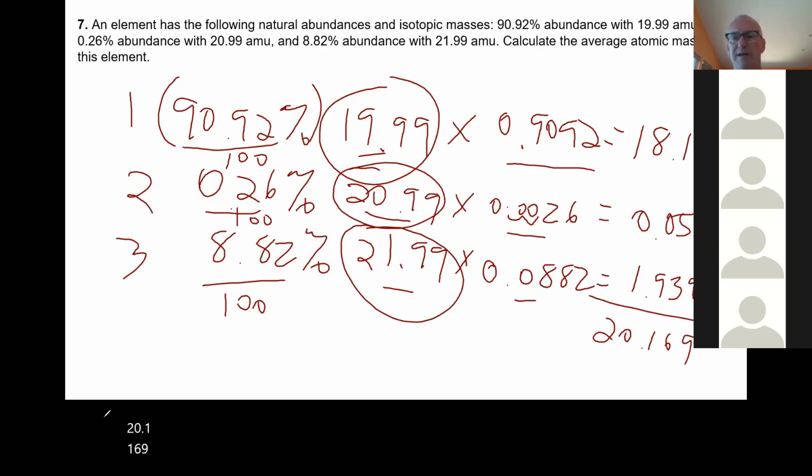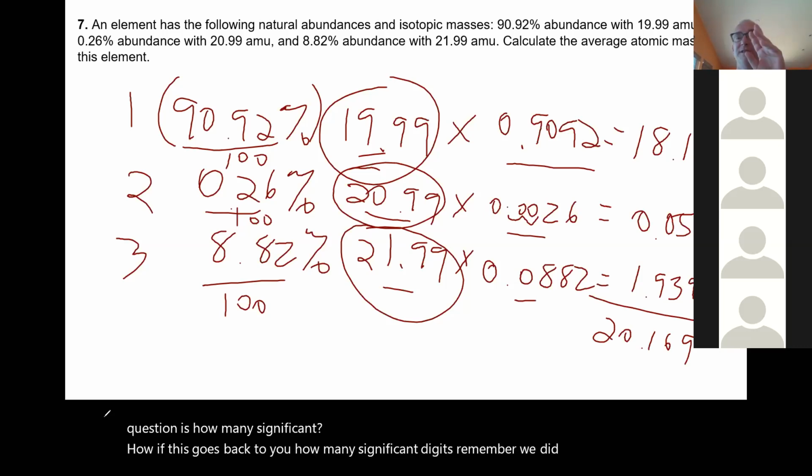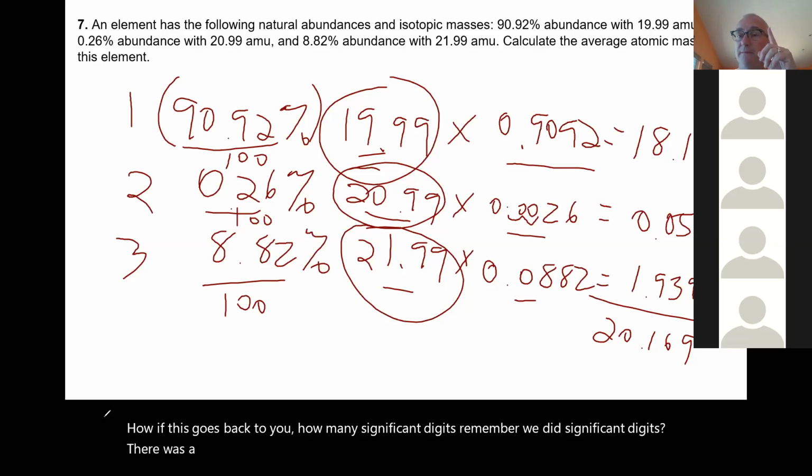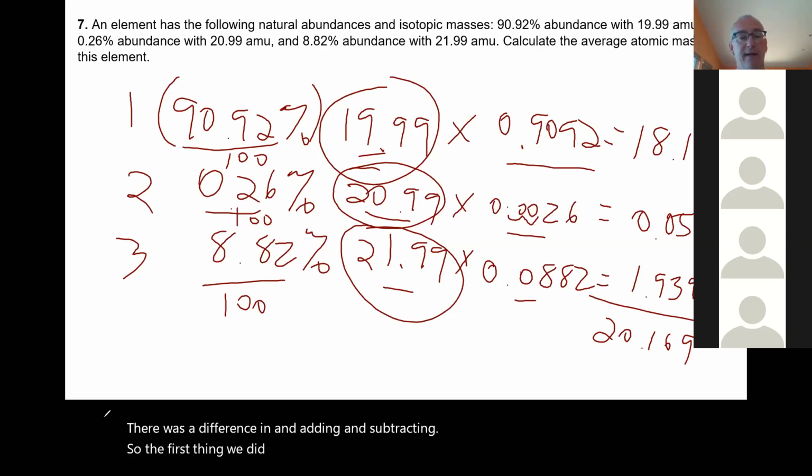Okay, so the question is, how many significant digits? Now this goes back to significant digits. Remember, when we did significant digits, there was a difference in multiplying and adding and subtracting. The first thing we did was multiply.